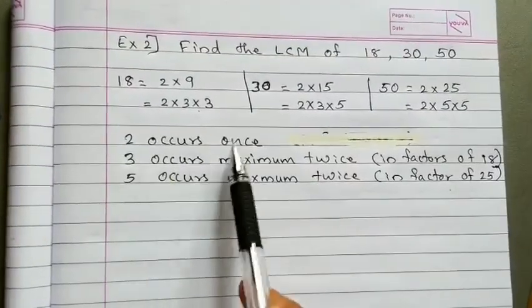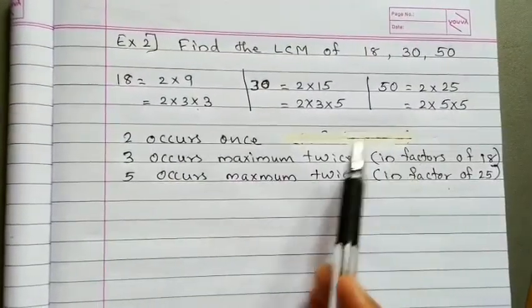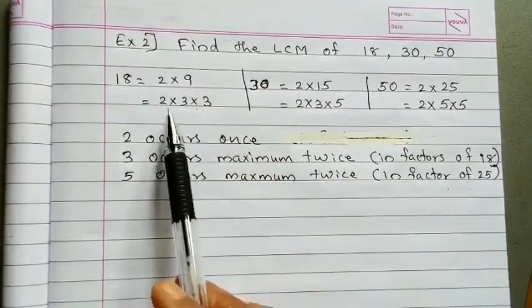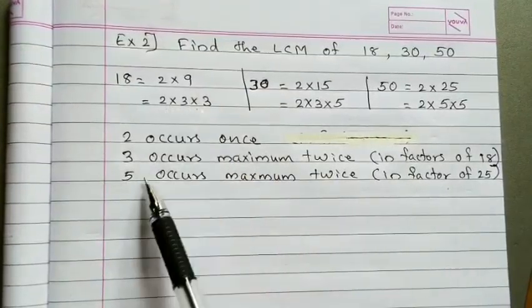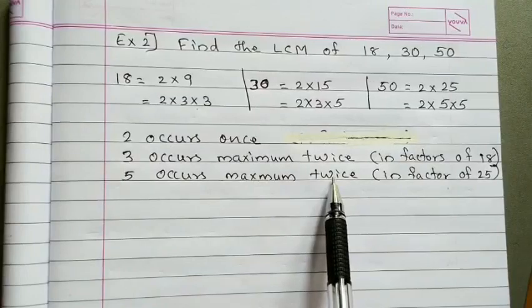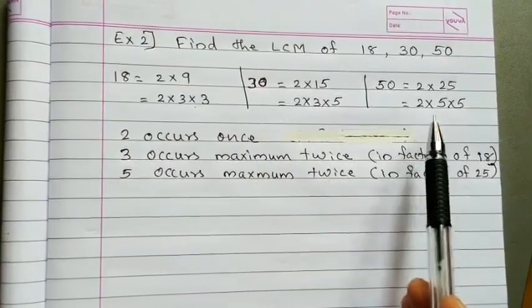Now you will see that 2 occurs once in all the numbers, 3 occurs maximum twice in the factors of 18, and 5 occurs maximum twice in the factors of 50.